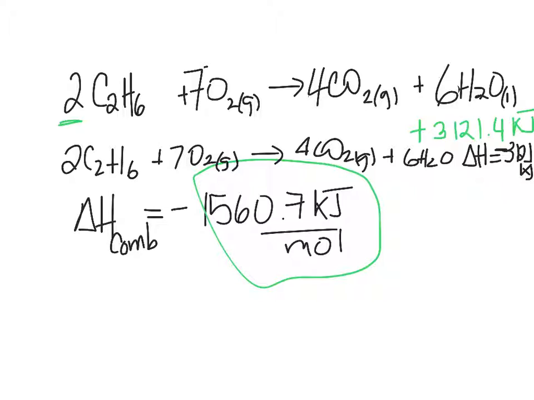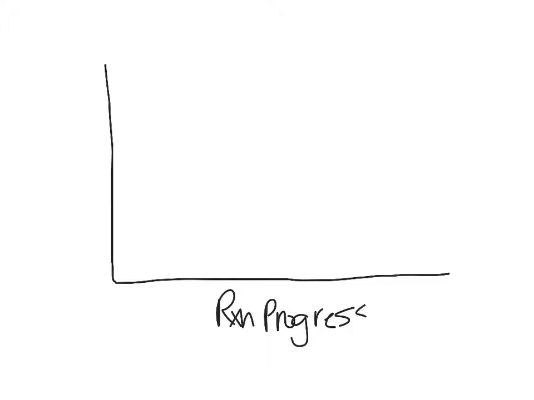The last thing is a potential energy diagram. So your potential energy diagram, label the axes. It's exothermic, so are we going upstairs or downstairs? We're going down. So our reactants have a higher potential energy than our products.